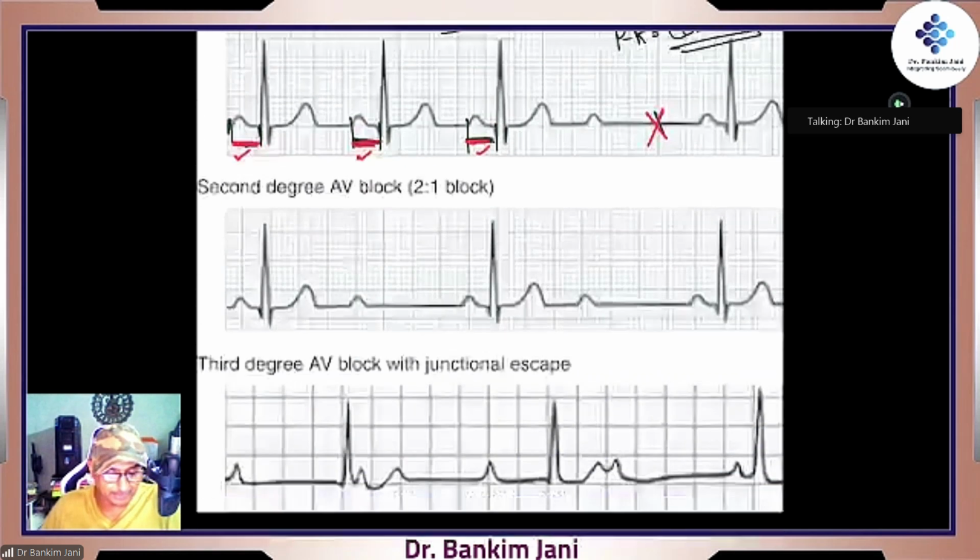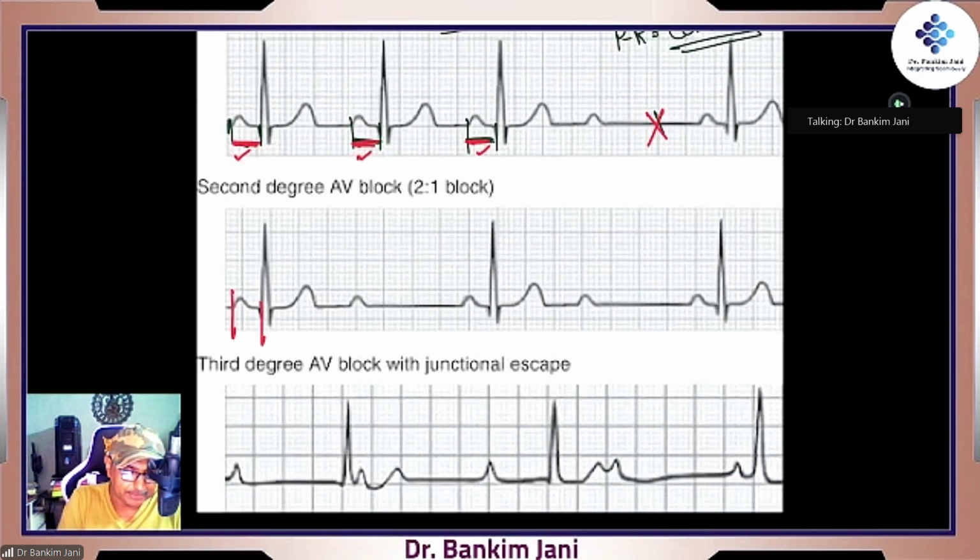But over here, in our hand, this is this, and then the second, no idea, dropped. So in this case, we'll not say whether it is Mobitz 1 or Mobitz 2. We'll just say this is a second degree AV block with 2:1 block, and it is to be treated like Mobitz 2, more serious. Right? It has to be treated like that only.